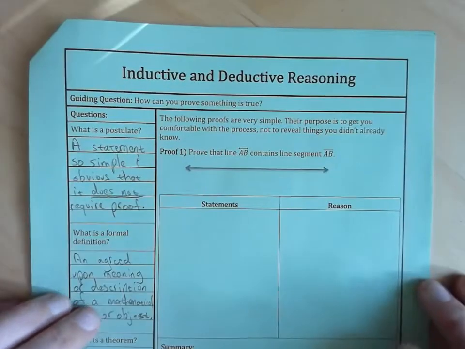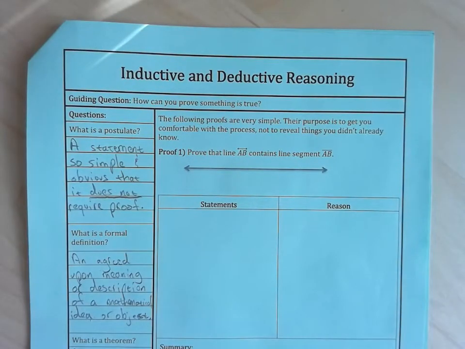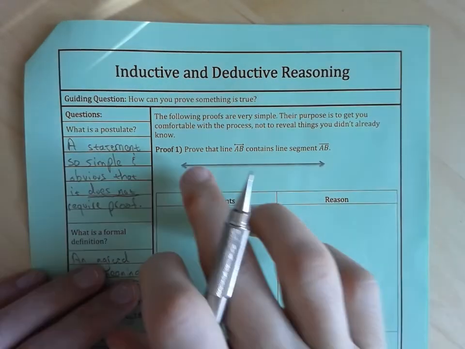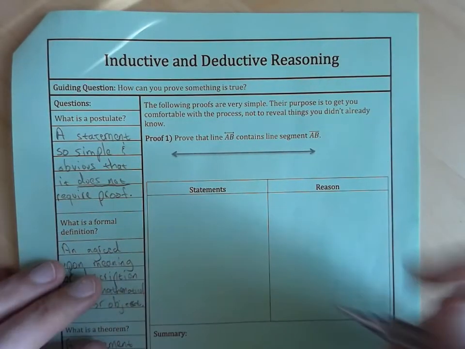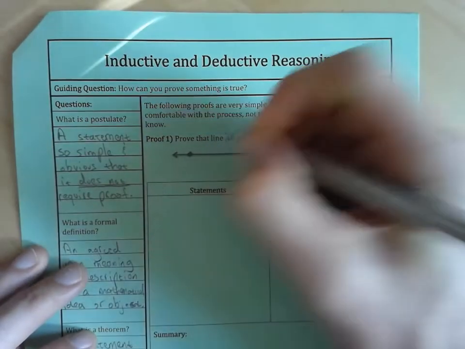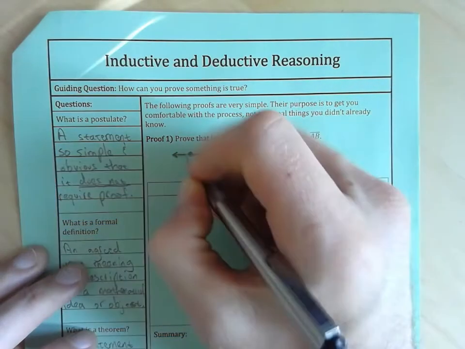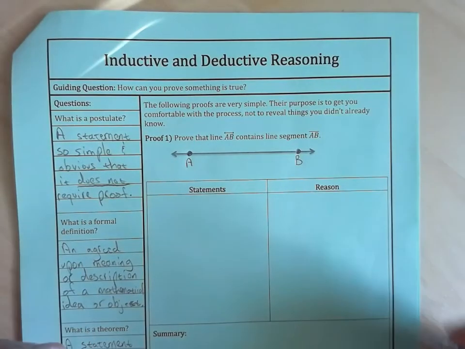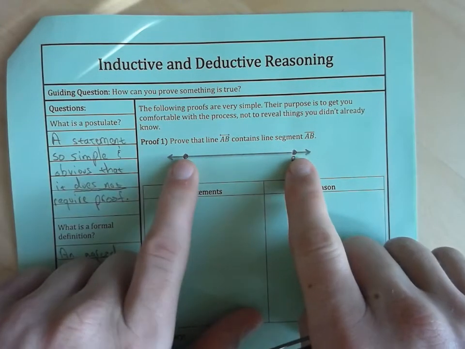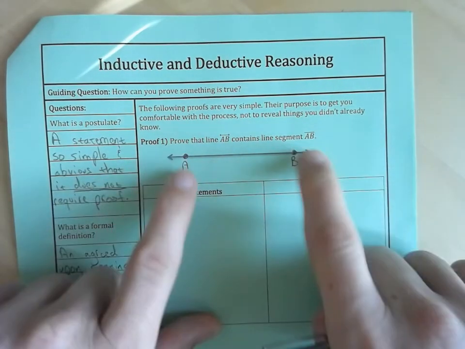Okay, so let's look at an example of a proof and a two-column proof, how we're going to do those. So we're going to prove that line AB contains line segment AB. And I'm going to give you a postulate while we do this. First, we've got to put a couple points on that line. And just by looking at it, it's obvious line segment AB is in fact on line AB.